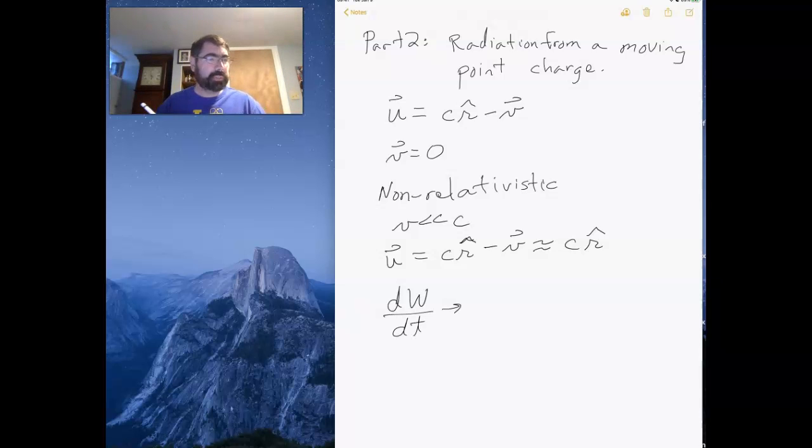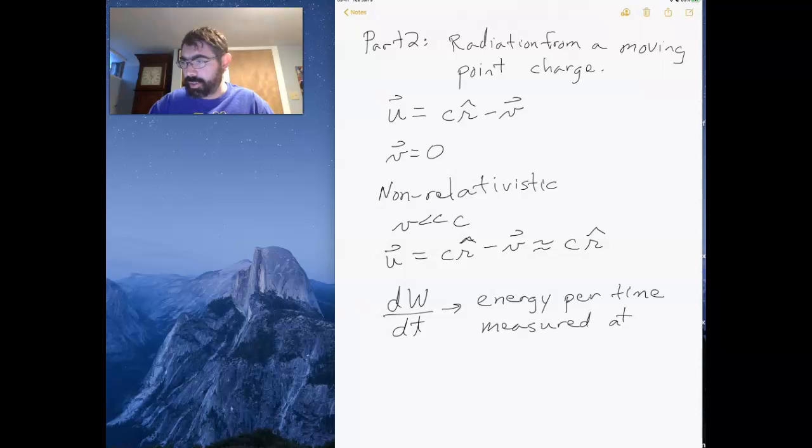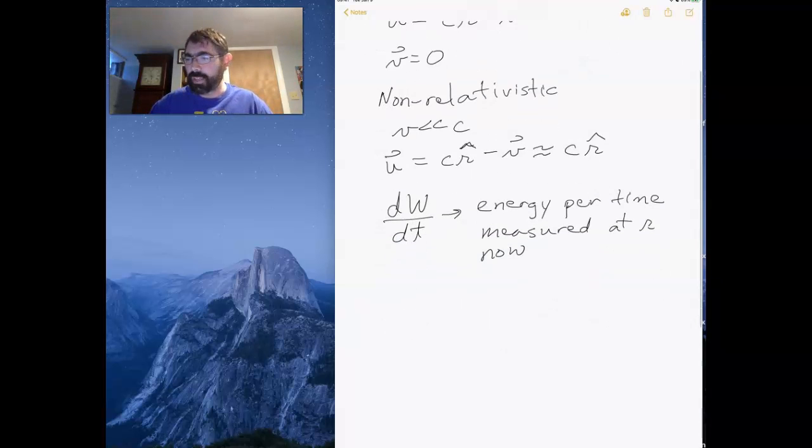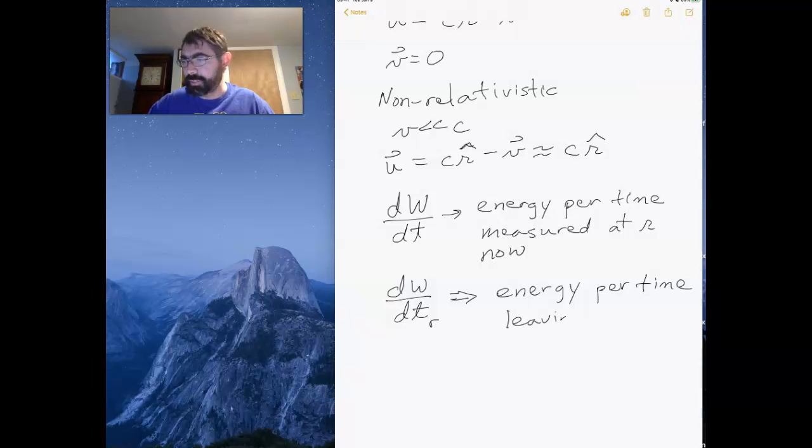So dW/dt is the energy per time measured at r, at the time t right now. The power that is emitted would be the energy per time at the time when it was emitted, t_r, leaving the source.